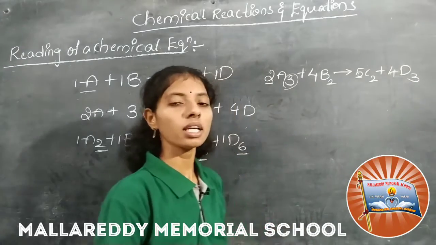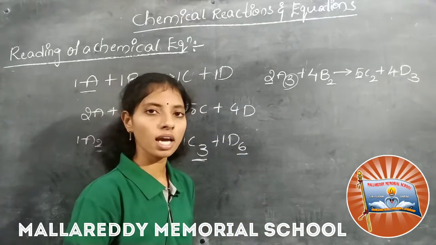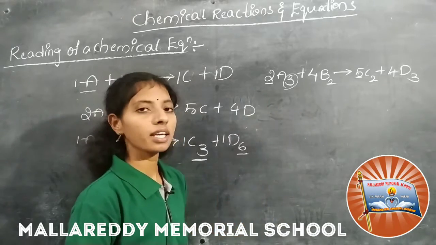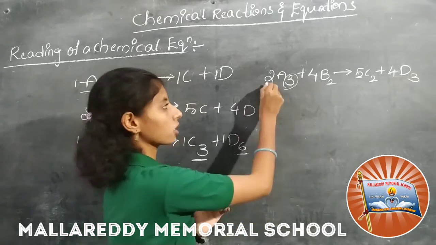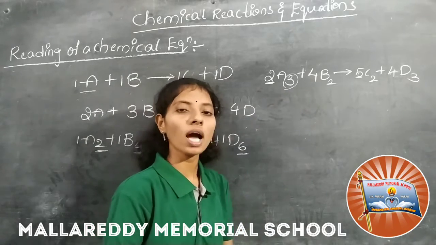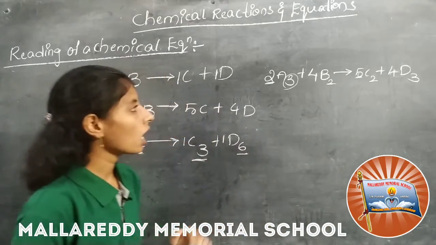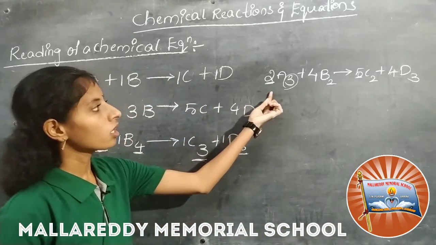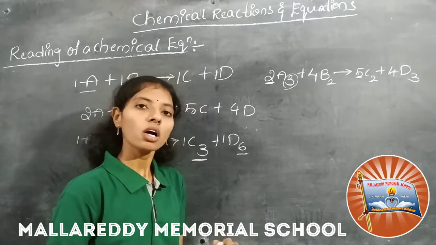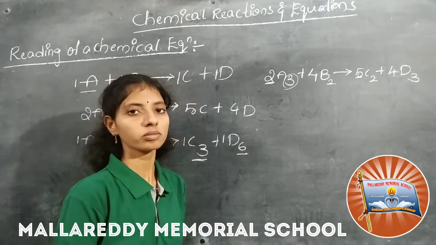So remember that in any chemical equation, on the reactant side as well as product side, the number before the substance, the coefficient, indicates the number of molecules. The subscript indicates the number of atoms present in a chemical equation. So now we are clear about how to calculate the number of molecules and the number of atoms. Now how can we count the total number of atoms present in a chemical equation?